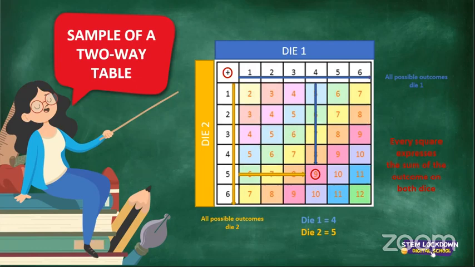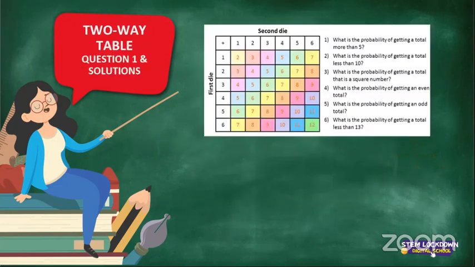We just go down one column and then we go across in a different row, and where the two meet, then we know, okay, so that would be die number 1, 4, die number 2, 5, and there where they meet, it is number 9.